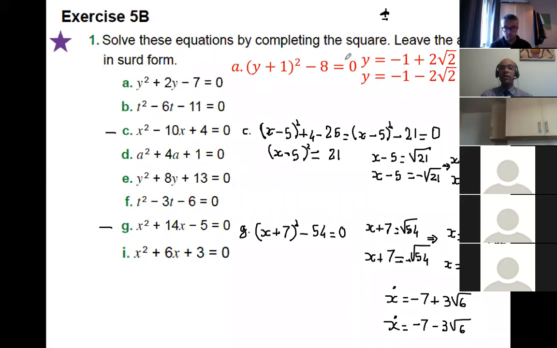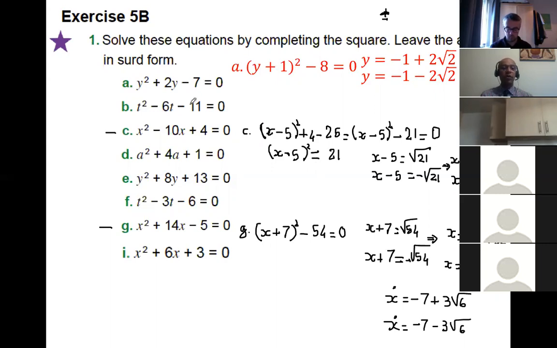So when you're asked to leave the answer in surd form, they expect you as well to simplify it. So instead of leaving it as root 8, it is root 4 times 2, and it's 2 root 2. It's a bit like what we did with C and G. If you remember well, the 2 examples were given to you there.